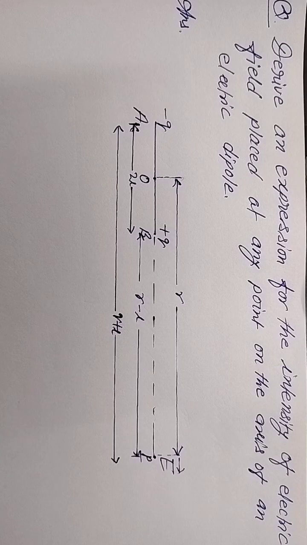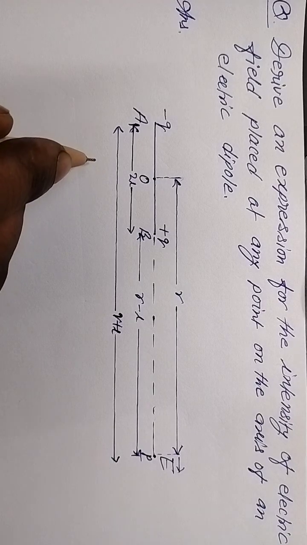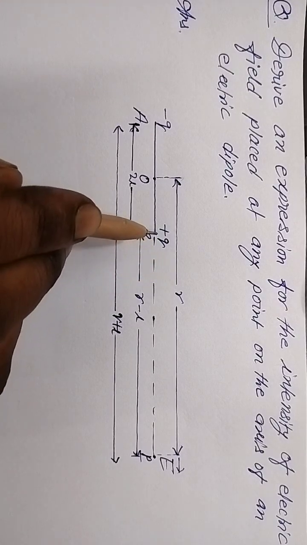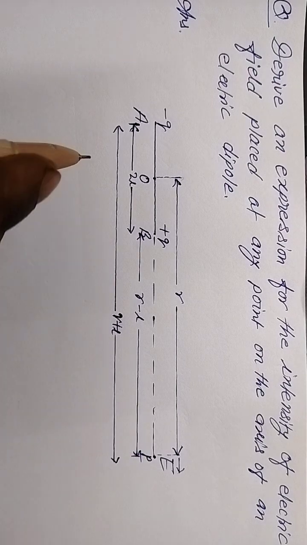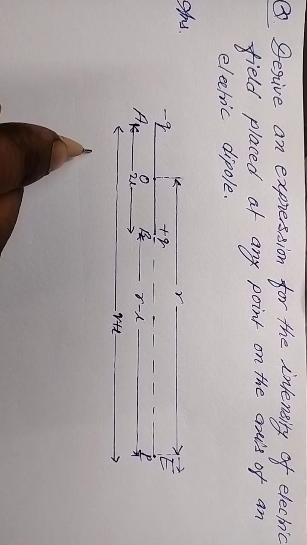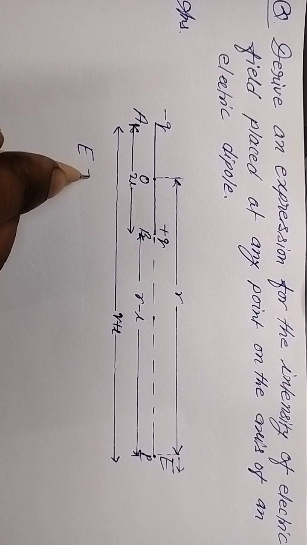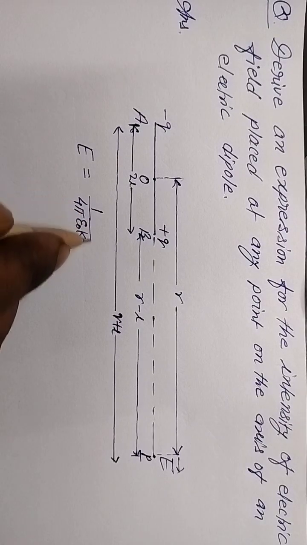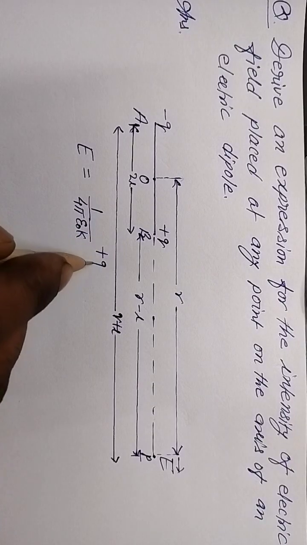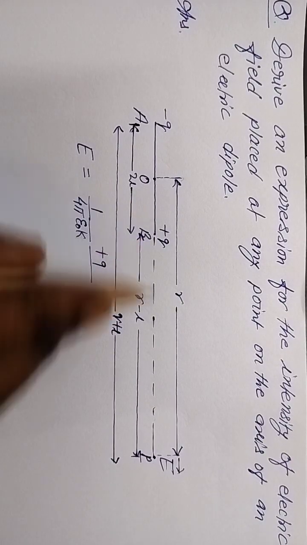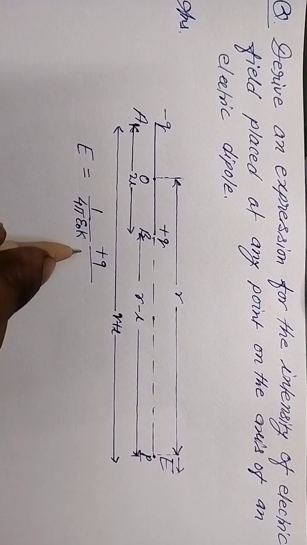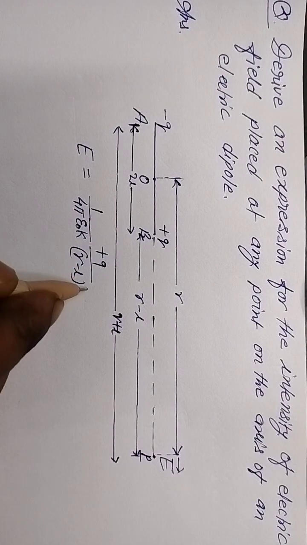Now we know that the electric field due to charge Q at point P will be E equals 1 upon 4 pi epsilon 0 K, plus Q upon the square of the distance from point B to point P, that is (R minus L) square.